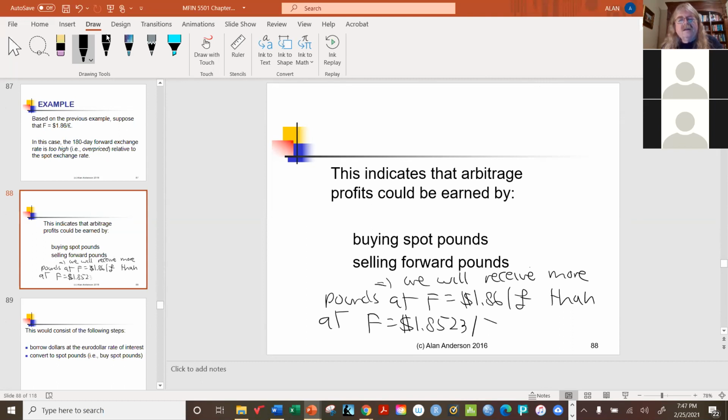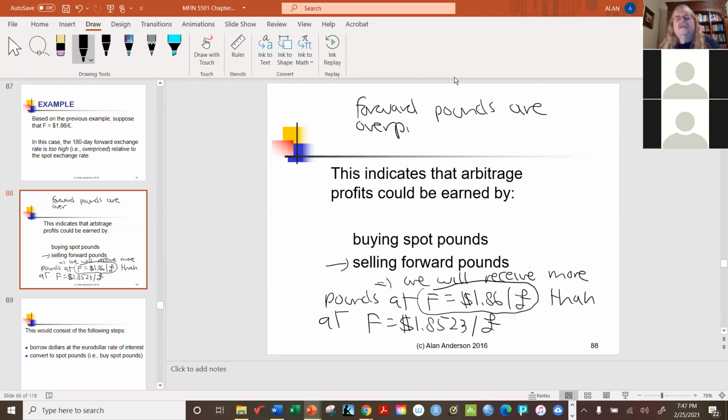So that's kind of a hint that because we're being given the opportunity to trade our pounds for too many dollars, that means we must be selling pounds in order to make money. In other words, the forward pounds are overvalued or overpriced relative to spot pounds.